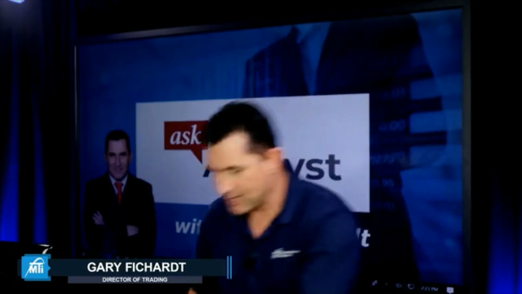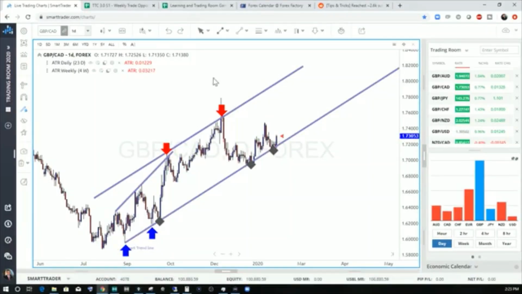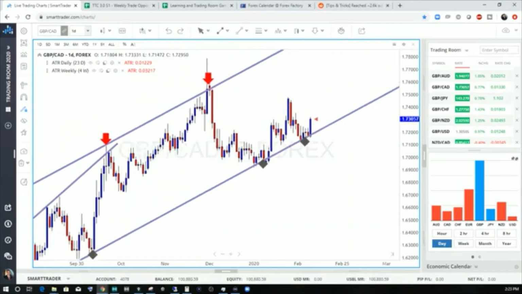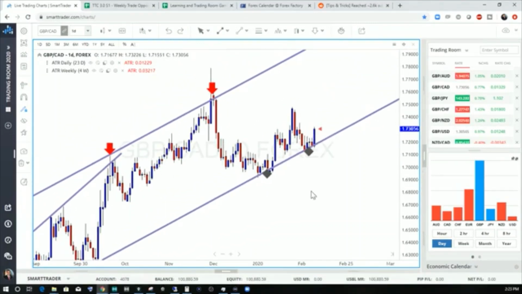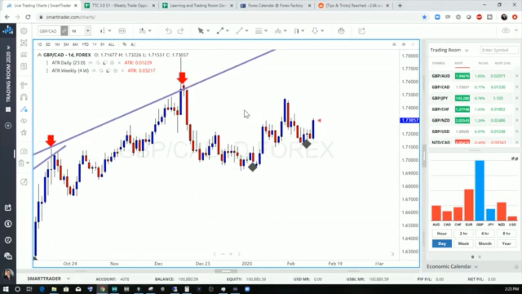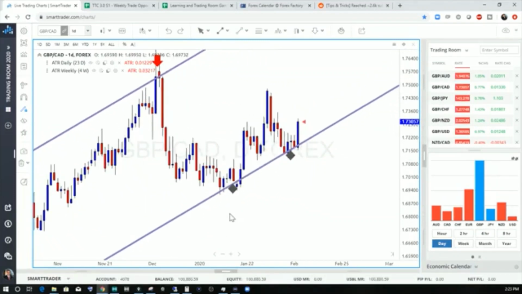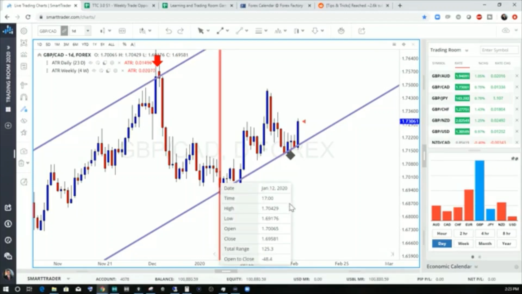Check this out, all right? We spoke about this in the learning trading room today. If I go ahead and look for this setup right here, and take a look, hang on, it just disappeared on me there. There we go. And I take a look over here. Look at this right here. If this is where price touched on the 12th of January, what I'm going to do is deploy my trading system bullish.